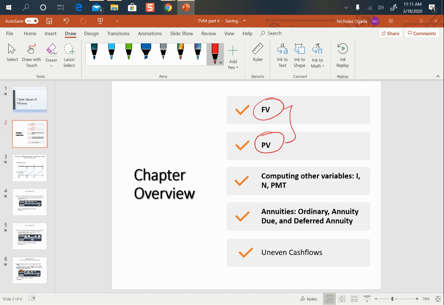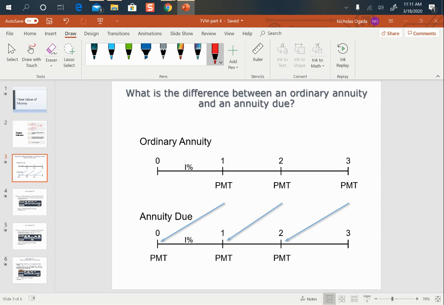Because in that case, we were focusing on a single amount, as shown in my previous series of videos. In this case, we are not referring to just a single amount. We are talking of a series of same payments.